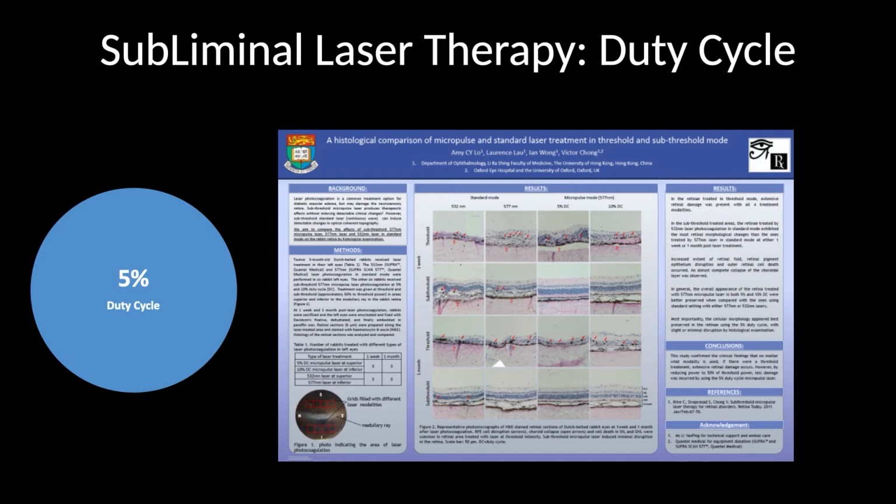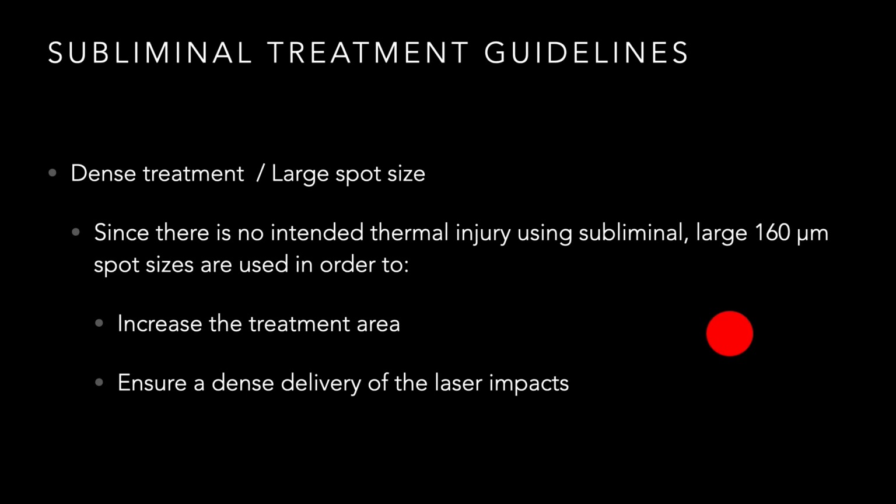In terms of duty cycle, Victor Chong and others have shown that the least iatrogenic damage, at least in rabbit eyes, was caused by using a 5% duty cycle. We have some treatment guidelines, and what we want is a dense treatment, and by requiring a dense treatment, we use large spot sizes. Since there's no intended thermal injury using this micropulse or subliminal mode, we can use large 160 micron spot sizes in order to increase the treatment area and to ensure a dense delivery of the laser impacts.